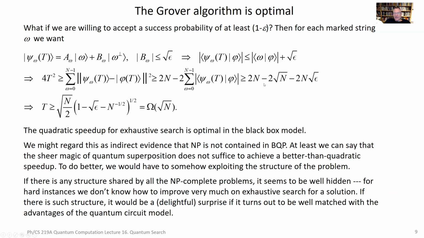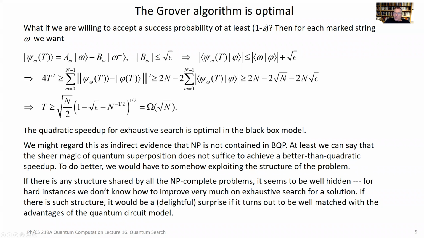And so I get the 2N from this term and the minus 2 square root of N, which we got from this part of this inner product. But then there's an additional piece coming from the error, coming from the component which is perpendicular to omega, which can be as large as square root of epsilon in each term, and they're all together N terms. Well, actually 2 square root of epsilon in each term. And so I get this minus 2N square root of epsilon.